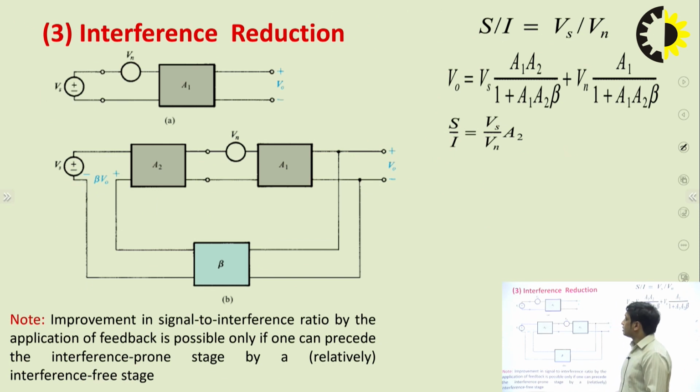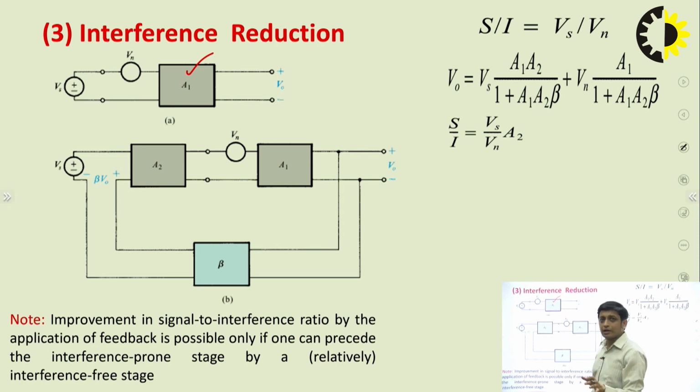Now coming to the next advantage of negative feedback, that is interference reduction. By applying negative feedback, we can reduce the interference, we can reduce the noise. To understand it, let's say the gain of the amplifier is A1, and in this amplifier A1 we are not applying any negative feedback.